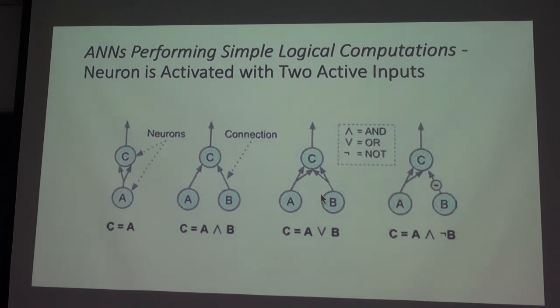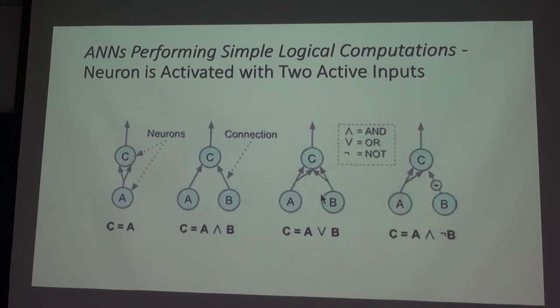So here, if you want to compute C equal to A and B, then if A is active and B is active, C receives 2 signals from A and B, so C will be active. But if only one of them is active or both are not active, then C doesn't have enough signal to be active.